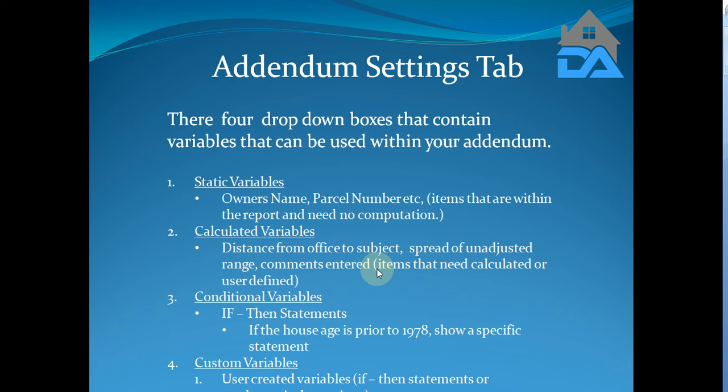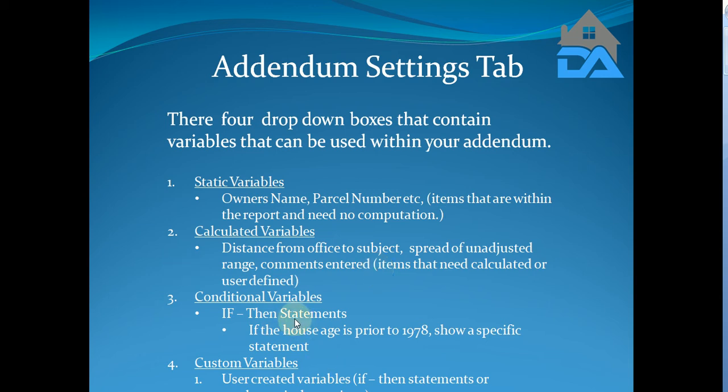Your owner's name, borrower's name, parcel number, things that don't need to be looked at by the program and computed to render a value. It's just a static thing. Calculated variables, on the other hand, are like the distance from the subject. That's always changing. That's not something I can just pull out of the report. It is a field that needs to be calculated.